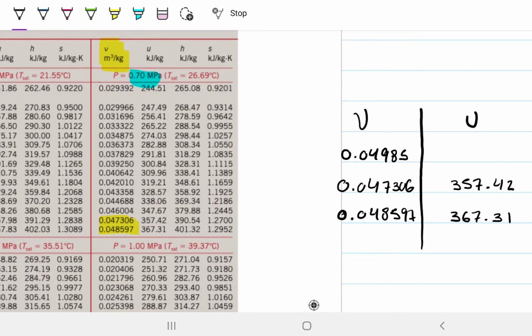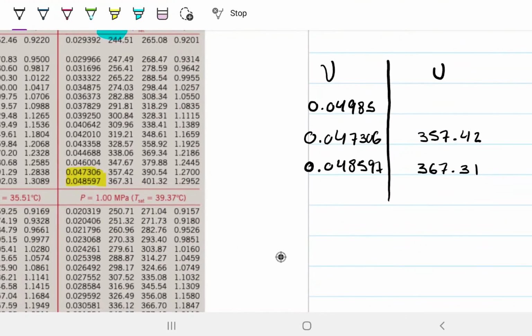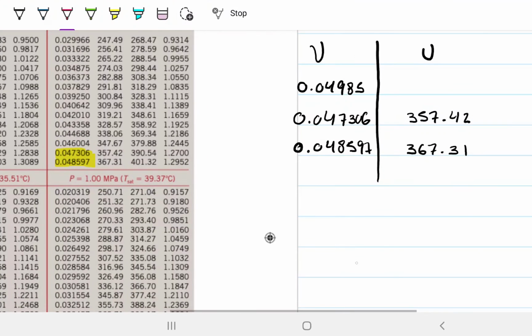So let me assume, as we do in every single case, I'm going to do the same thing we do in interpolation, except I'm going to extrapolate. If you have trouble, there are other videos here on the channel about interpolation, okay? So I have here specific volume, and here we have internal energy. I have one value here, and a second value here.